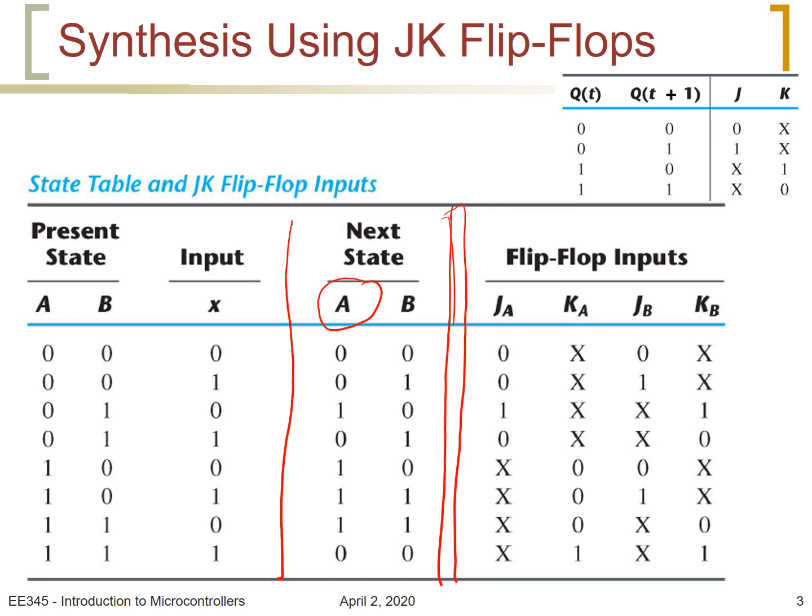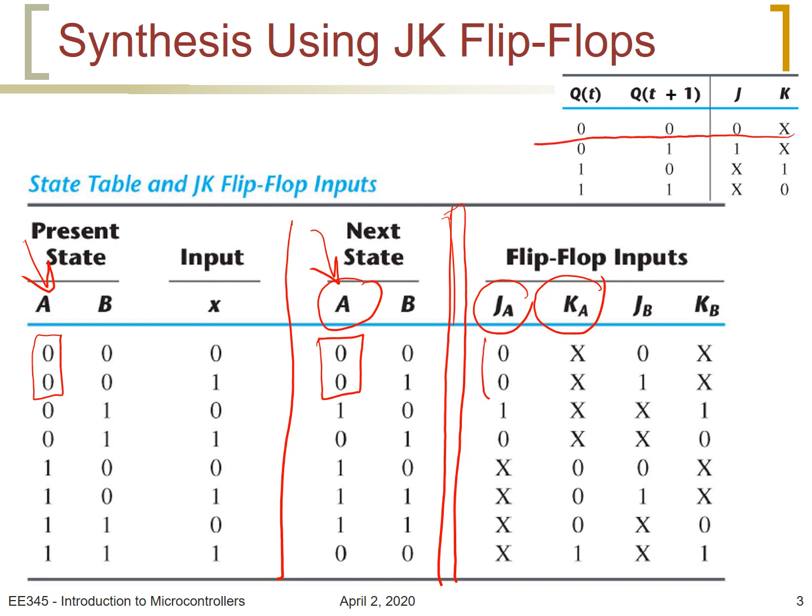What we do is derive first J of A and K of A using the present state A and the next state A, exactly as we have done before. As an example, if A was 0 in the first two instances and remains 0, from the previous table we see that J must be 0 and K don't care.